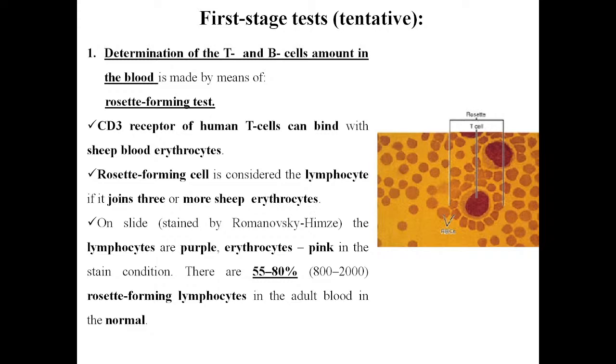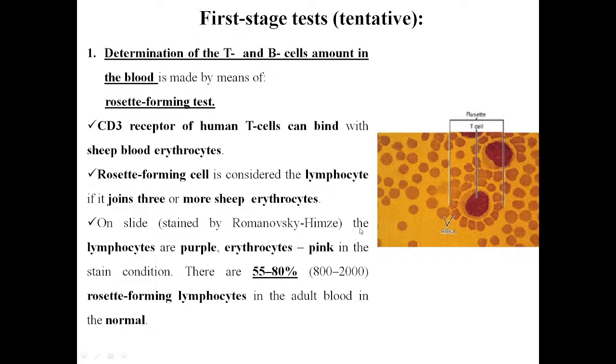How can we count how many lymphocytes are present? We should take a slide, place the blood on the slide, and stain this blood by Romanovsky-Giemsa staining. Romanovsky-Giemsa is used in microbiology, in immunology, in biology, for staining of blood.